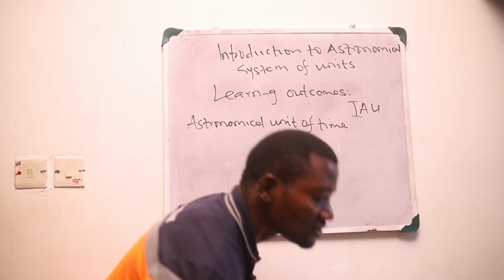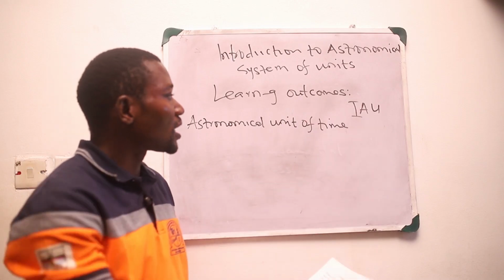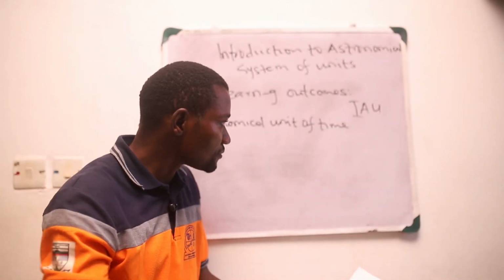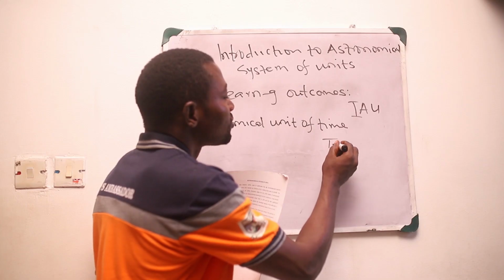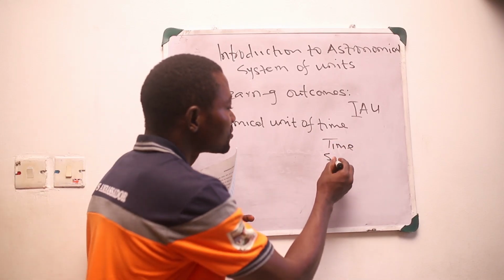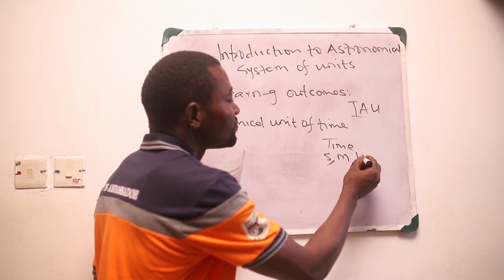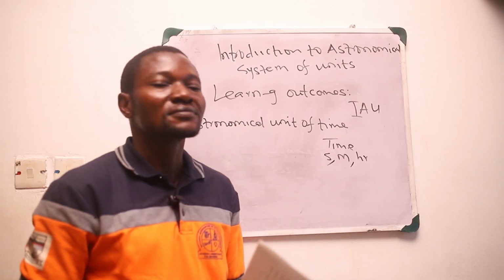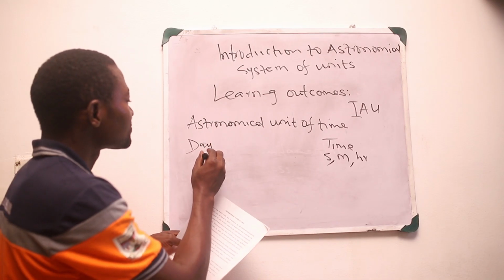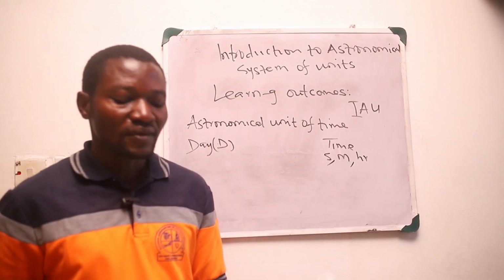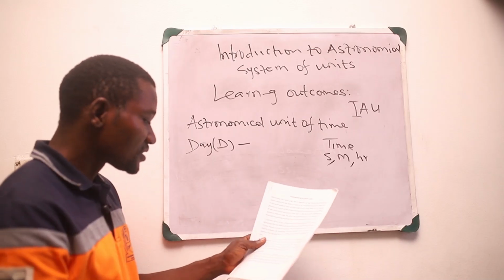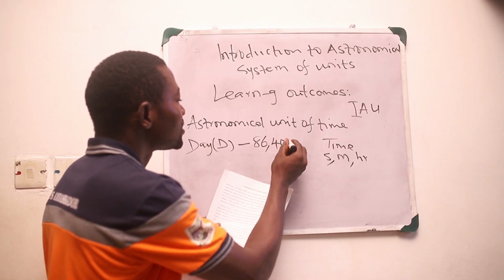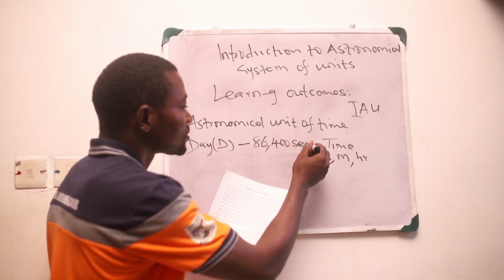To better understand it, I'll be comparing it with the fundamental unit that we normally have in a terrestrial environment. In the fundamental unit, the unit of time, we have it as seconds, minutes, and hours. But in astronomical unit of time, time is expressed as day with letter D, and 1 day is equivalent to 86,400 seconds.